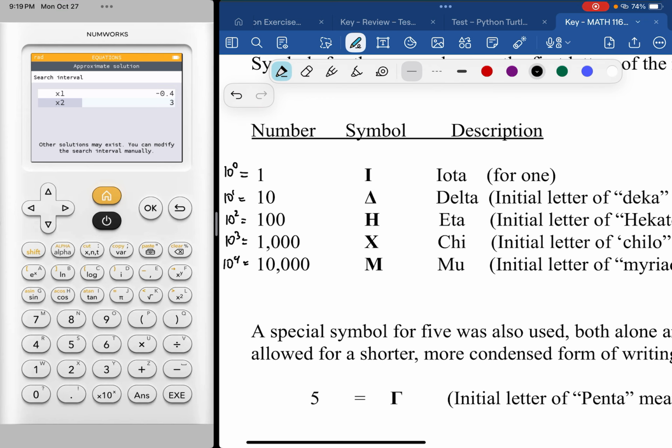Right? And if you think about it in terms of how many zeros are in the number, right? There are 0 zeros in the number 1. There is 1 zero in the number 10, 2 zeros in the number 100, and so on. That kind of gets you to the basis of this base 10 system.